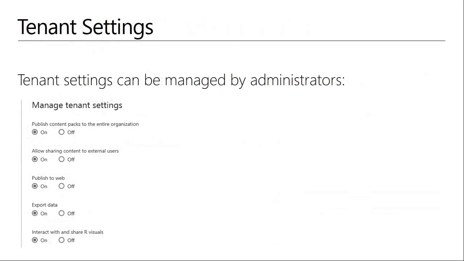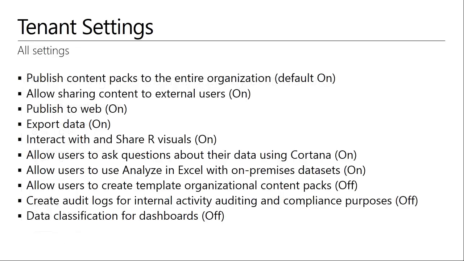For administrators, there are a growing number of settings that can be managed, enabling you to turn on or off certain features. On this slide, I list all of the settings.